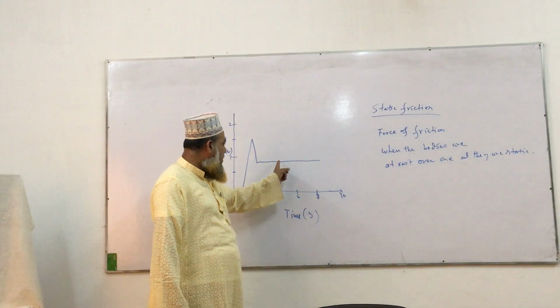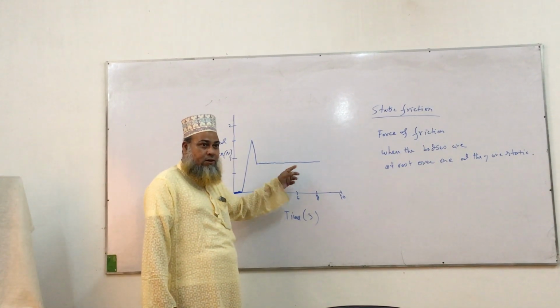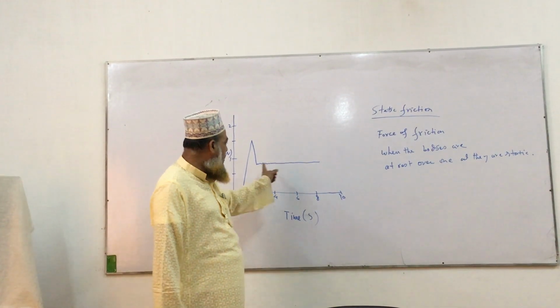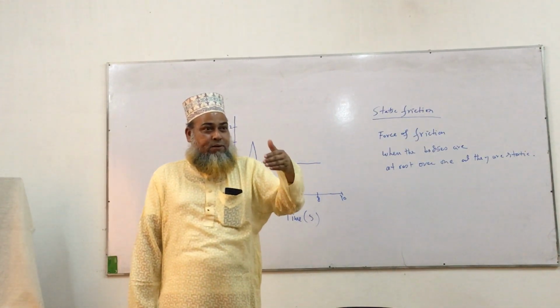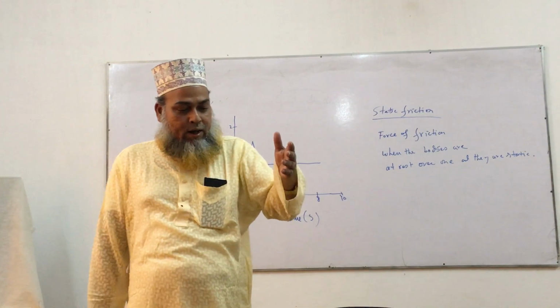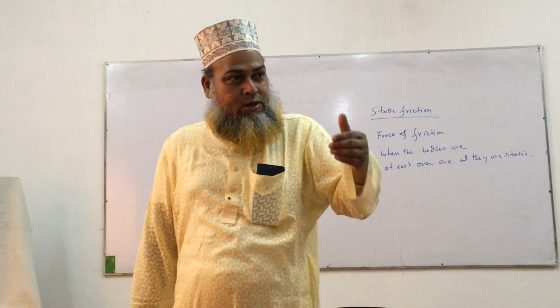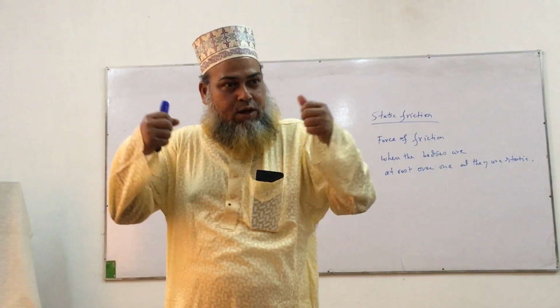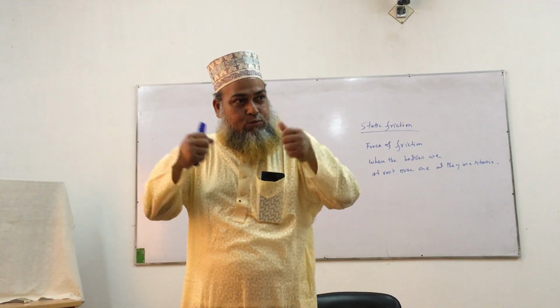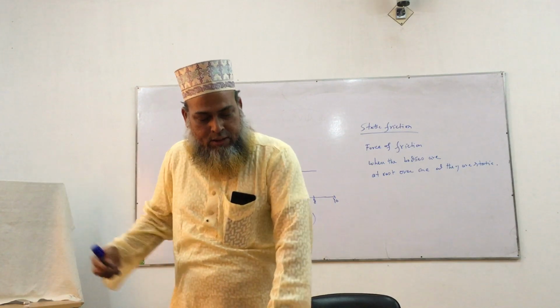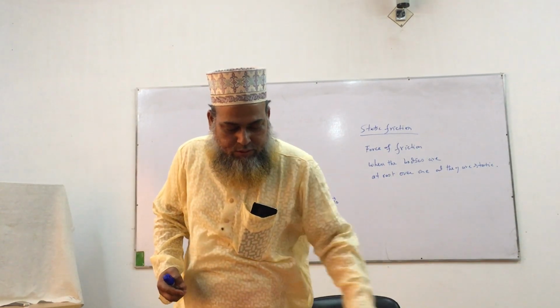In the kinetic friction case, there is no inequality because the graph is straight. That means kinetic friction is the frictional force acting between surfaces when one body is moving over the other.